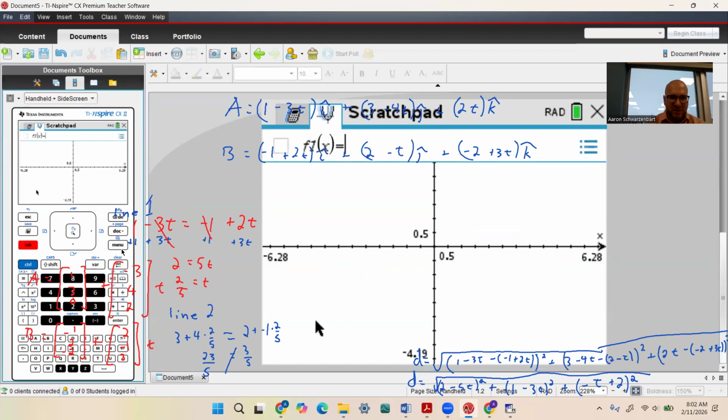But I'm going to enter that equation, and I am going to use x instead of t.